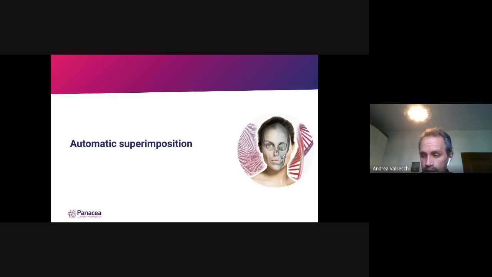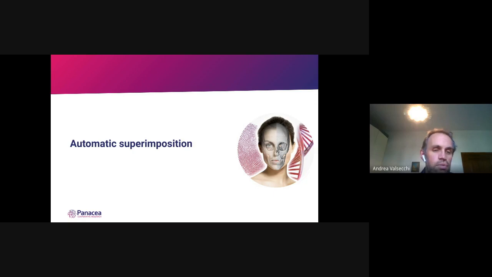Actually, that was one of the topics of my PhD, automatic superimposition, but it's not just us working on this. There is a large community of computer scientists working on this kind of project. So we were investigating solutions to have them automatic.